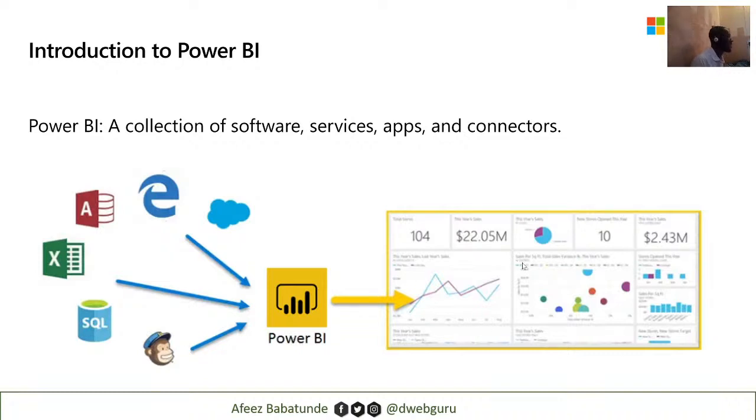It's a kind of software that connects to any data source. After connecting, when you make good use of Power BI, you can use it to visualize your data, as you are seeing the end result on the right-hand side.